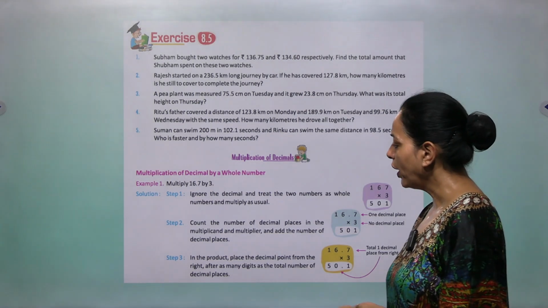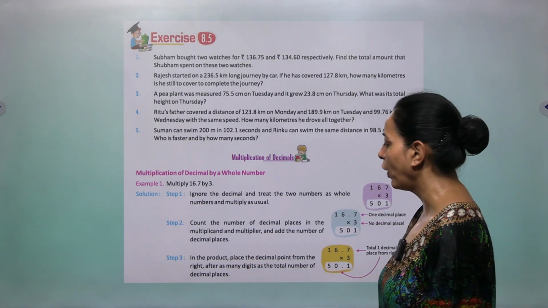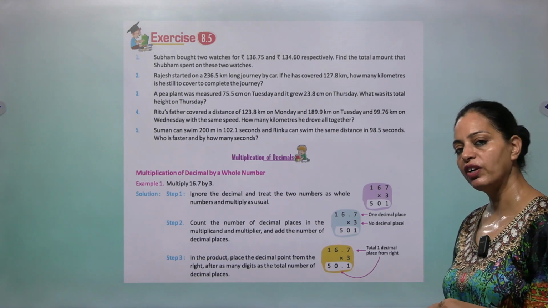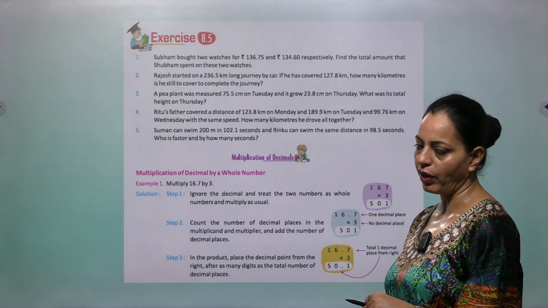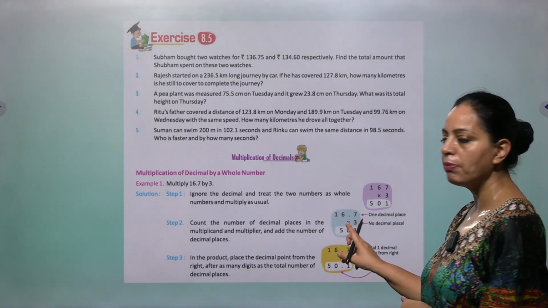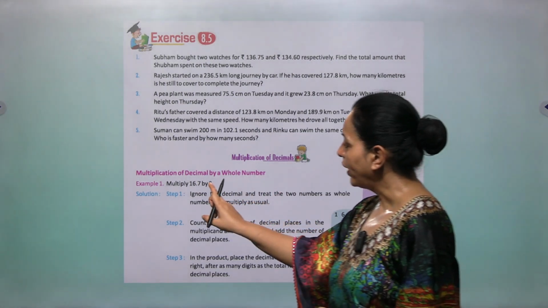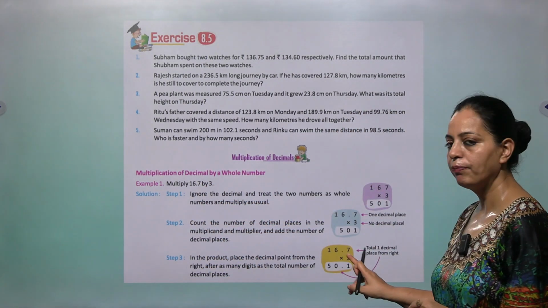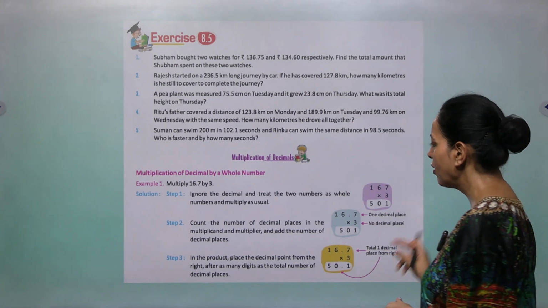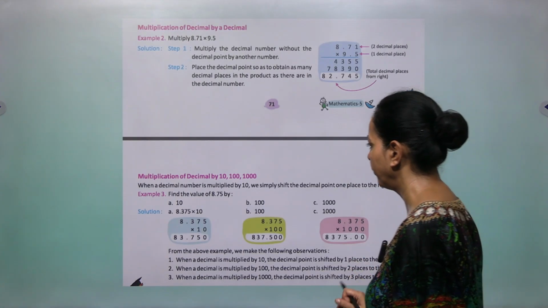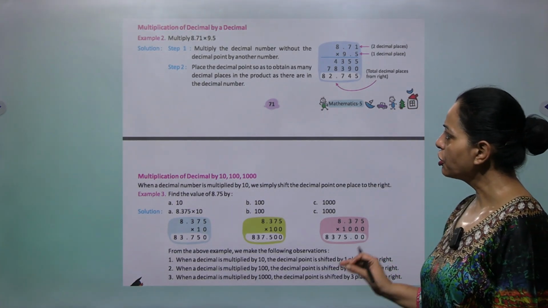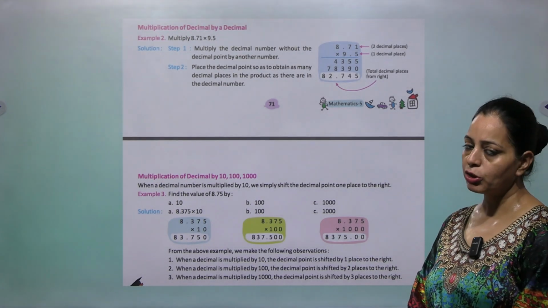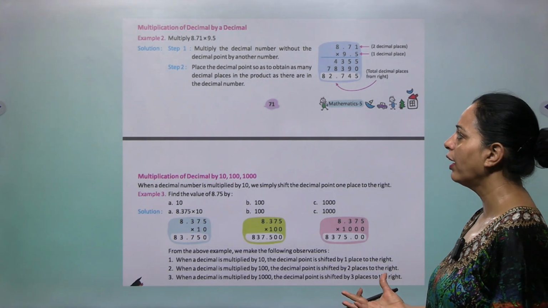Okay, so in the product, place the decimal point from the right after as many digits as the total number of decimal places. Right? 501 आई थी सिंपल मल्टीप्लिकेशन, 0.7 है, 1 डेसिमल प्लेस है, तो आप कहाँ लगा देंगे, before 1. So answer is 50.1. Now multiplication of decimal by decimal. अब हम मल्टीप्लाई करते हैं टू डेसिमल नंबर्स को, वैसे ही सिंपली मल्टीप्लाई करना है.